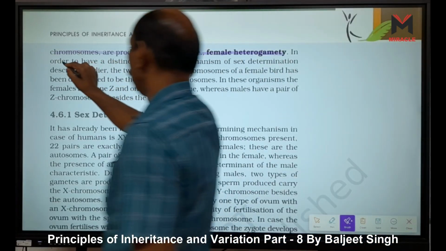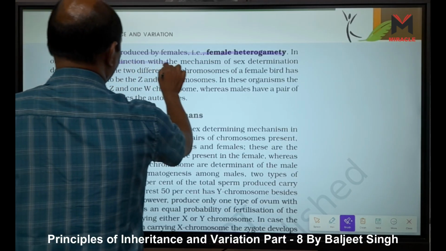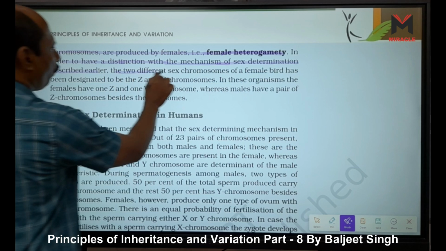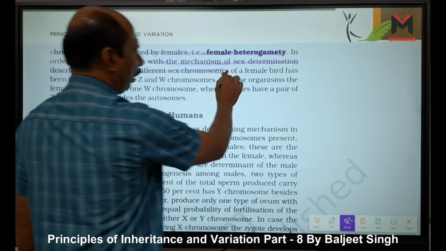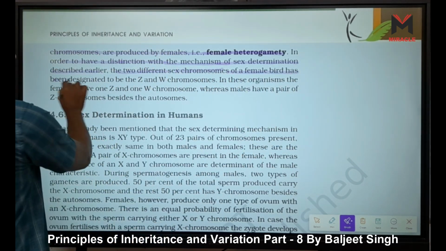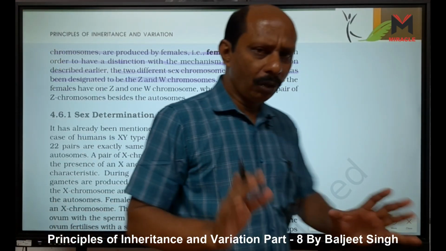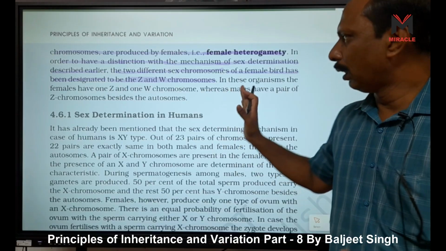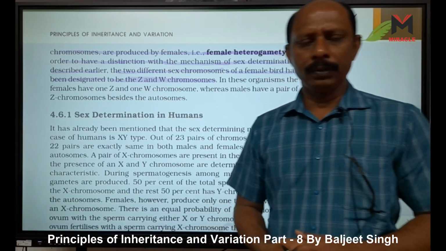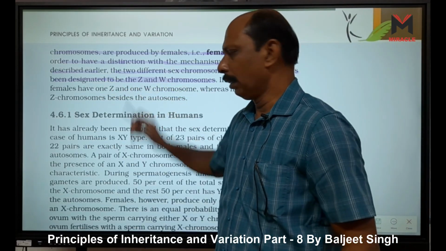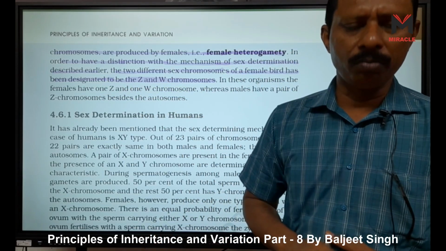In order to distinguish it from the mechanism of sex determination described earlier, the two different sex chromosomes of the female bird have been designated Z and W chromosomes. We use capital letters to represent the chromosomes, based on the structure of the chromosome.